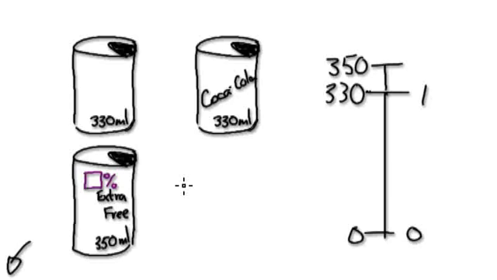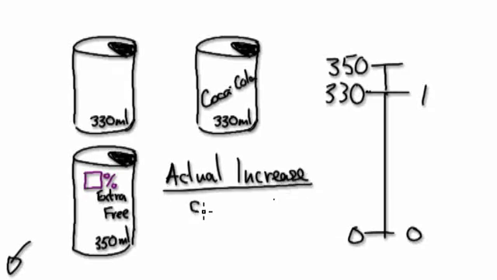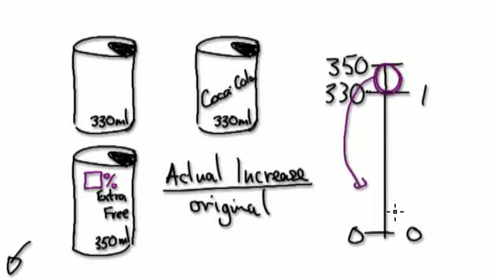The percentage increase or decrease is always actual amount, in this case an actual increase, divided by original. So the actual increase is really 20. What you do is move this down here. So this is 20 here.